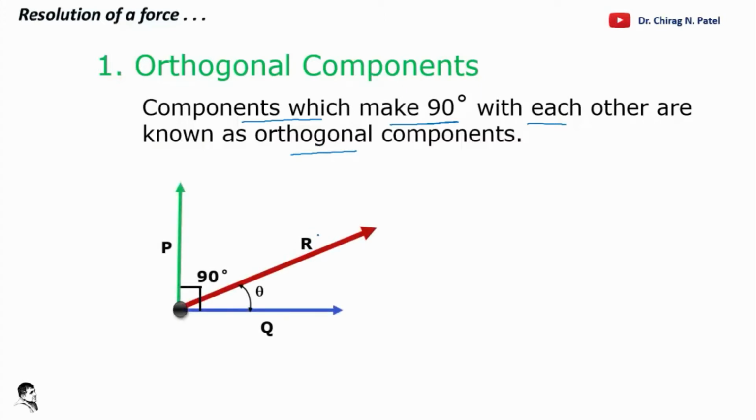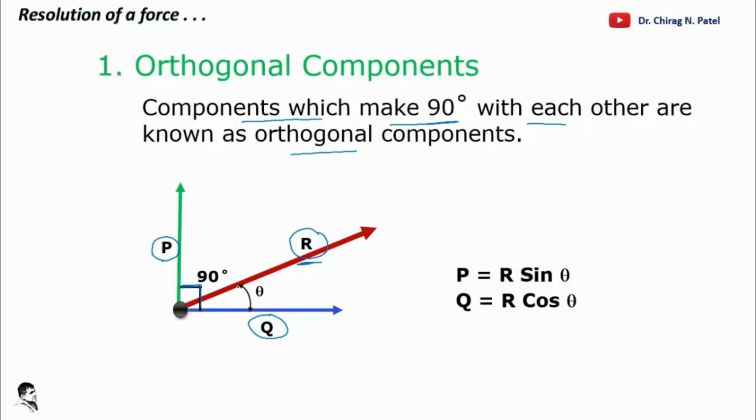So here, if R is the force, or you can say a resultant, and from that resultant we find two different components P and Q that will produce a similar effect to the effect produced by the resultant R, we can say that P and Q are the components of that resultant force. If P and Q make a 90-degree angle between each other, then P and Q are the orthogonal components.